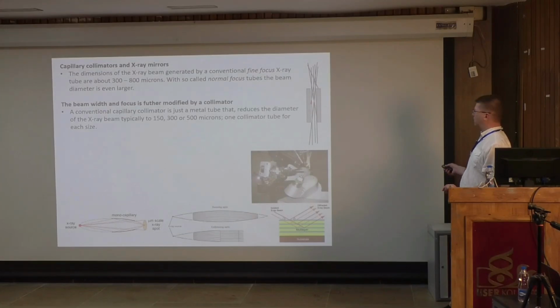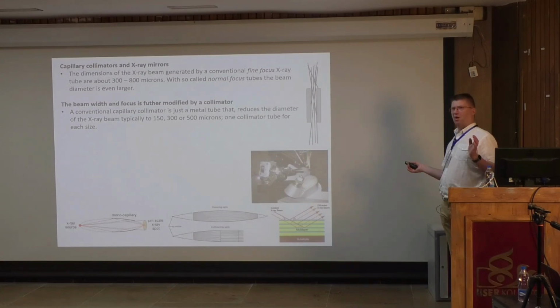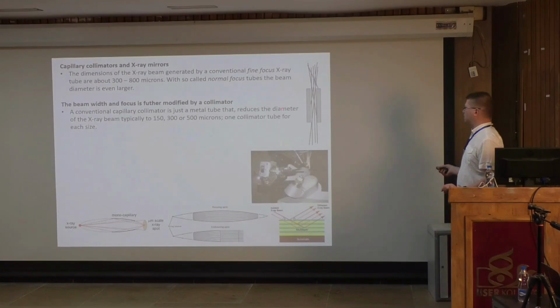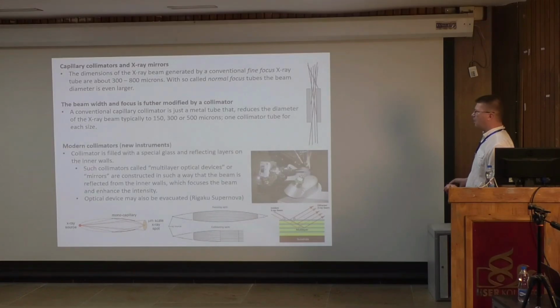So it's the same as the monochromator, but now it's like a single tube. And this we call either a mirror or a collimator. The idea is that it collimates the X-rays, focuses the X-rays and removes the unwanted ones. And that is the idea. And this is how it's typically done now with the new instruments. So these are called the collimators, the new instruments.